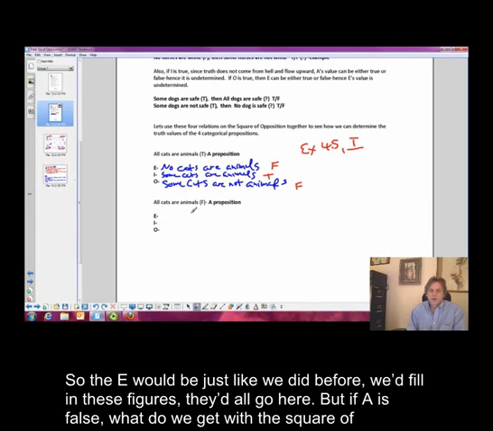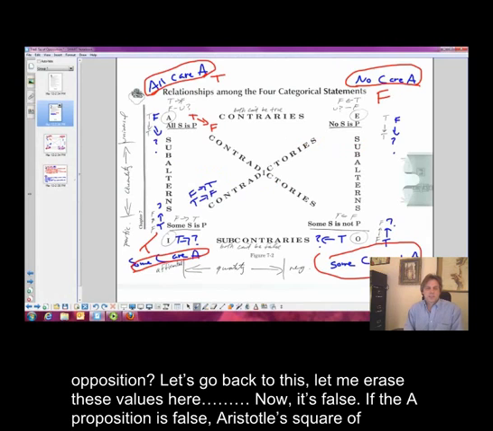But if A is false, what do we get with the square of opposition? So let's go back to this. And let me erase these values here. We'll erase that, erase this here, come here, erase that, and we'll erase this. Okay.